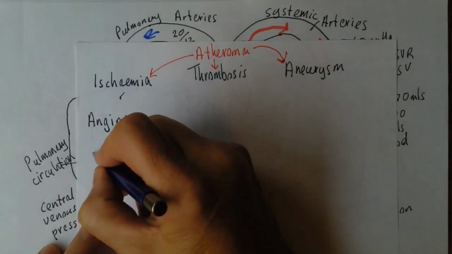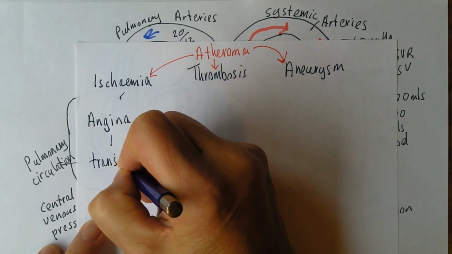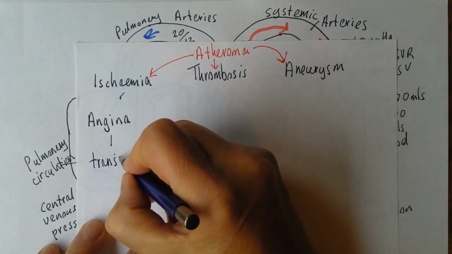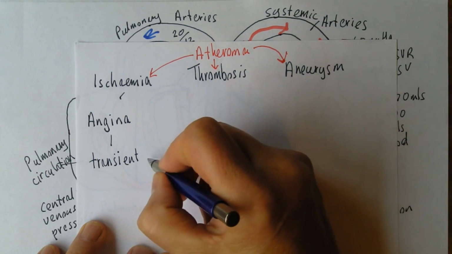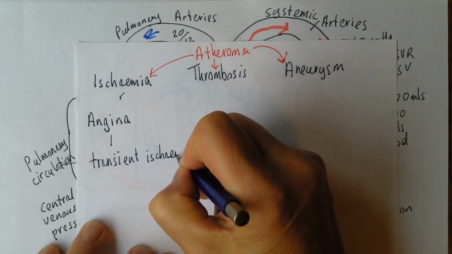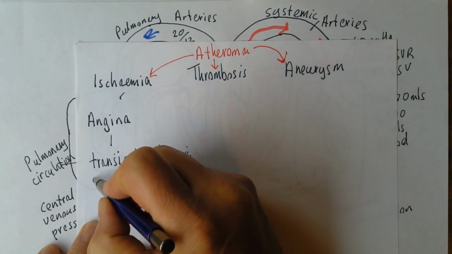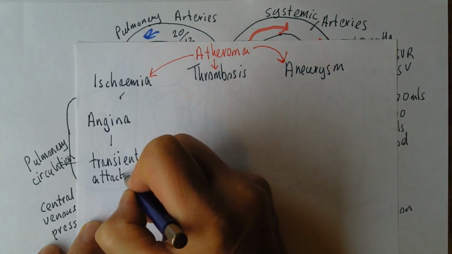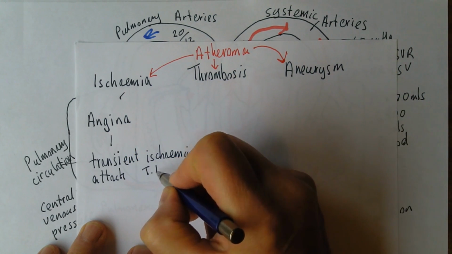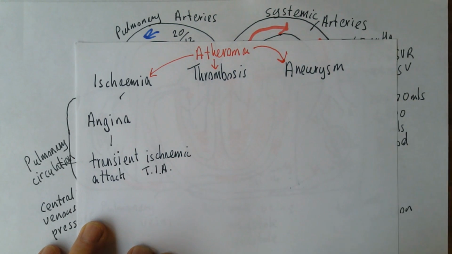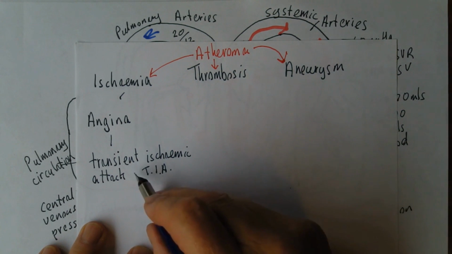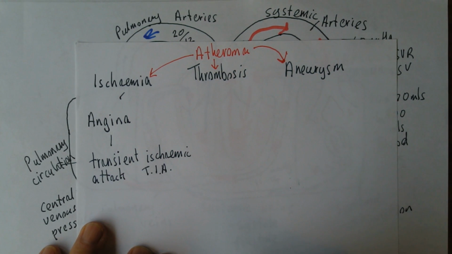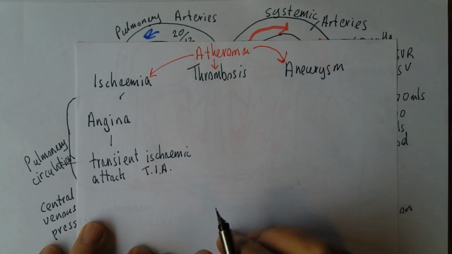And transient ischemic attack, TIA, is caused by a reduced blood supply to the brain for a period of time, giving features very similar to a cerebrovascular accident, but they resolve because they're caused by ischemia as opposed to infarction.